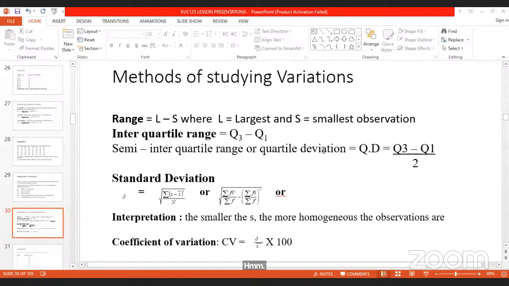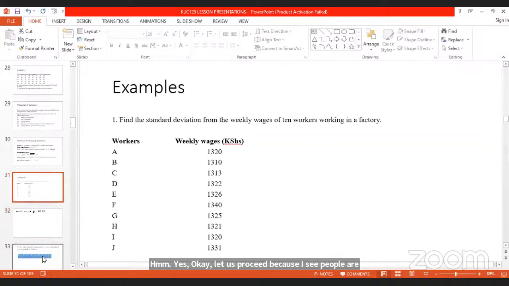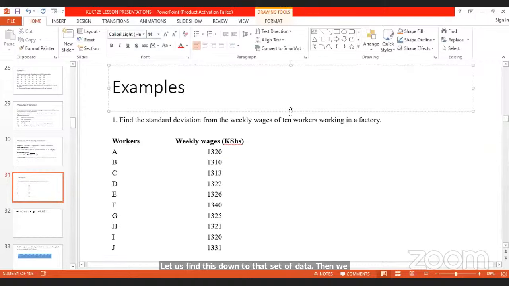Okay, let us proceed because I see people are now beginning to be salacious here. Look at that set of data. Can we find the standard deviation? Let us find the standard deviation of that set of data. Then we proceed. We check the answers.